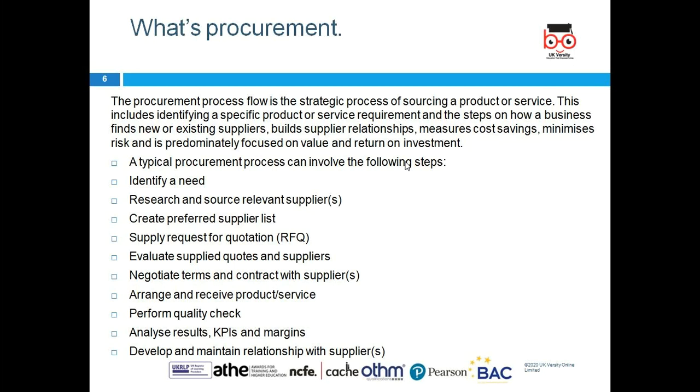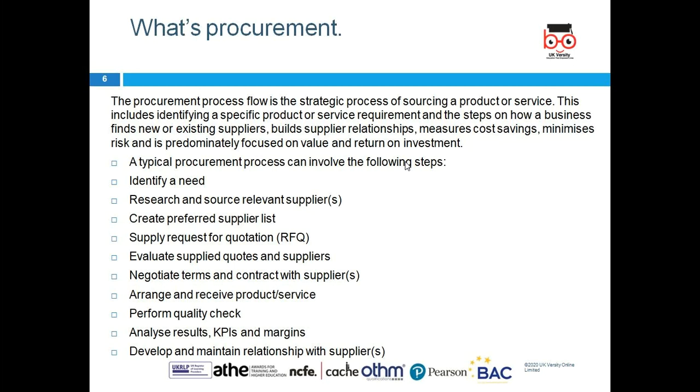Create a preferred list within a company, because we have a trial, we have tested, and many other companies have tested as well. Supply requests for quotation, we can look around and evaluate the supplied quotes and suppliers. Maybe one is expensive, one is cheaper. So we need to look at the quality and the quality standard.